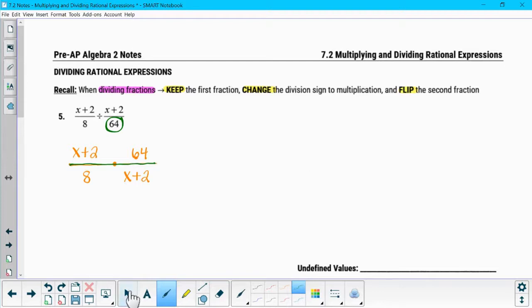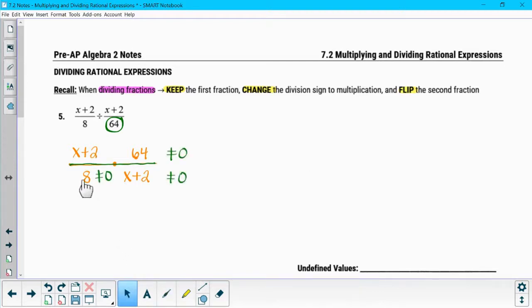So I'm going to set not only the denominators not equal to 0, but I'm also going to set the numerator of my flipped fraction also not equal to 0. The reason why I do this is because at some point in the question, it was in a denominator. So I have to set the denominator and the second numerator not equal to 0.